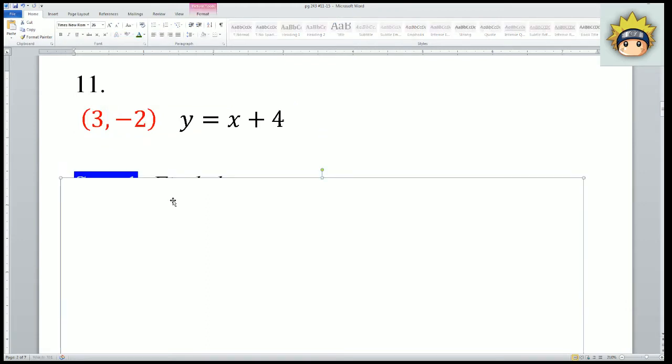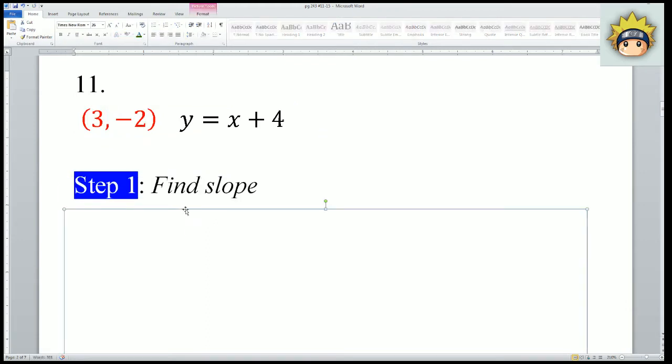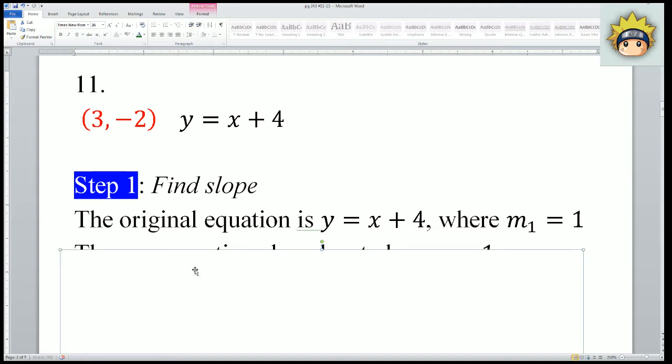Step 1 is to always find the slope. The original equation is y equals x plus 4, where the slope is equal to 1. I call the first equation slope m1.